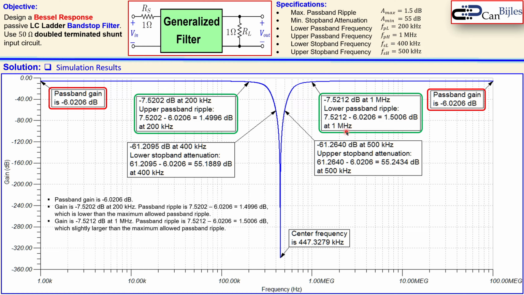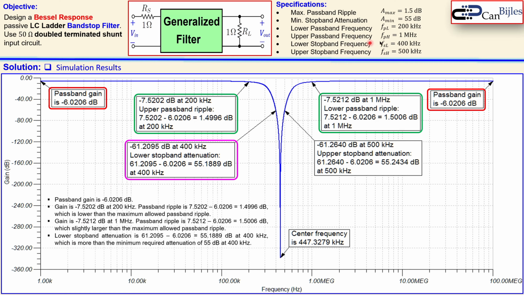So we can say this is the problem. For most practical purposes, this is perfectly fine. Of course, we want to have a little bit less, but this is perfectly fine for this case, also for practical purposes. Now for the lower stop band attenuation, you look at 400 kHz because that was our lower stop band frequency. You see this value is minus 61.21 dB approximately.